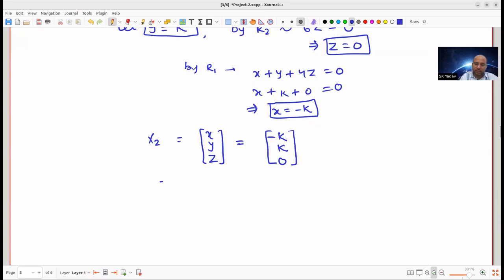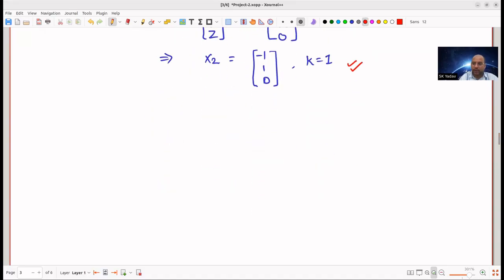And this implies for k equal to 1, x2 will be minus 1, 1 and 0. K equal to 1, so this is your second eigenvector. Now similarly, you can find out the third eigenvector, for lambda 3 equal to 5.